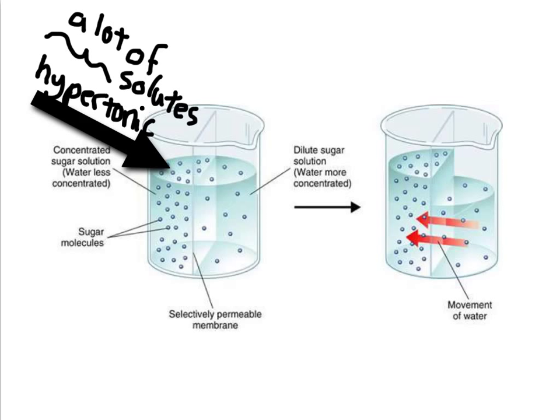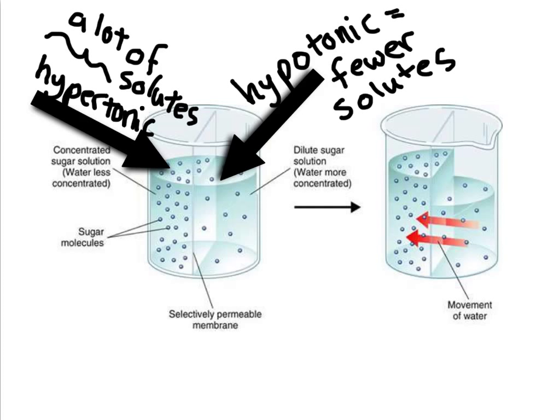Then on the other side of the beaker, we have a hypotonic solution. So the fancy way that a scientist describes osmosis is that during osmosis, water moves from the hypotonic solution, where there are fewer solutes but more water, to the hypertonic solution, where there are more solutes but less water.